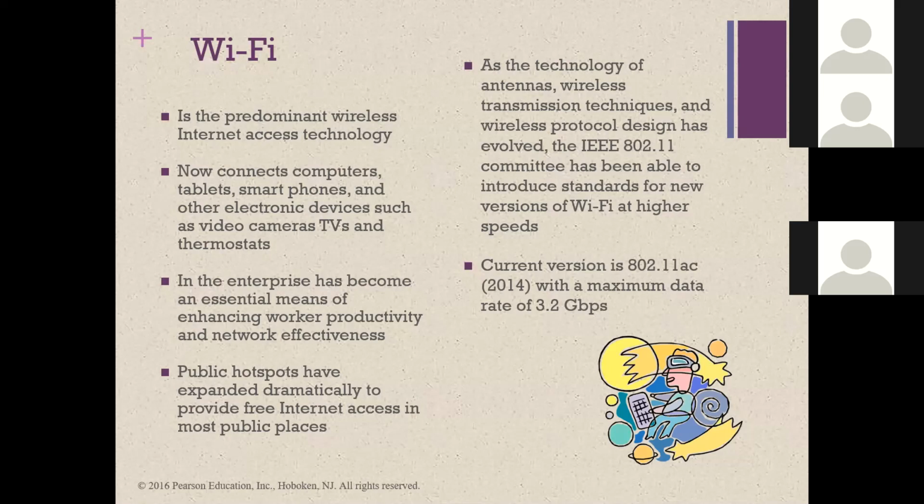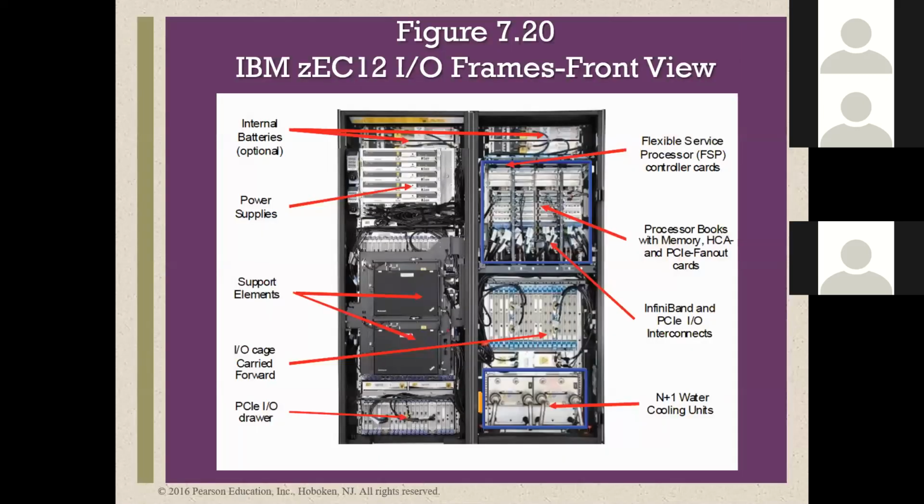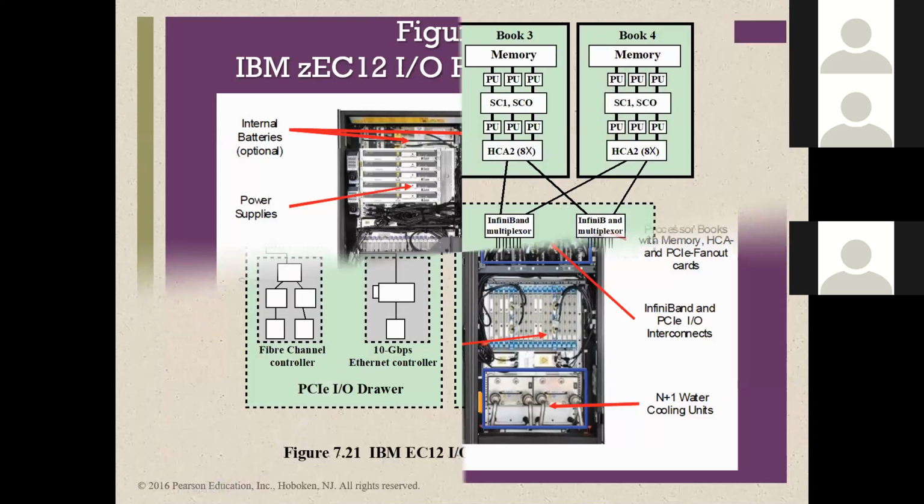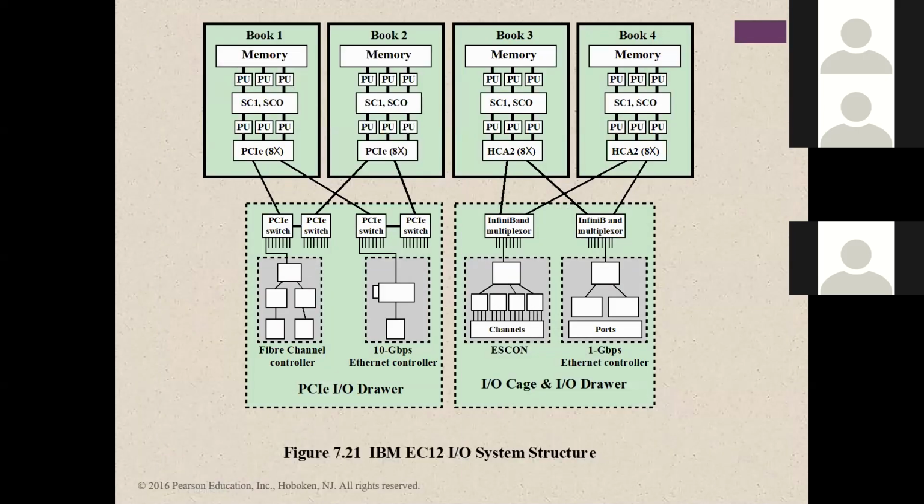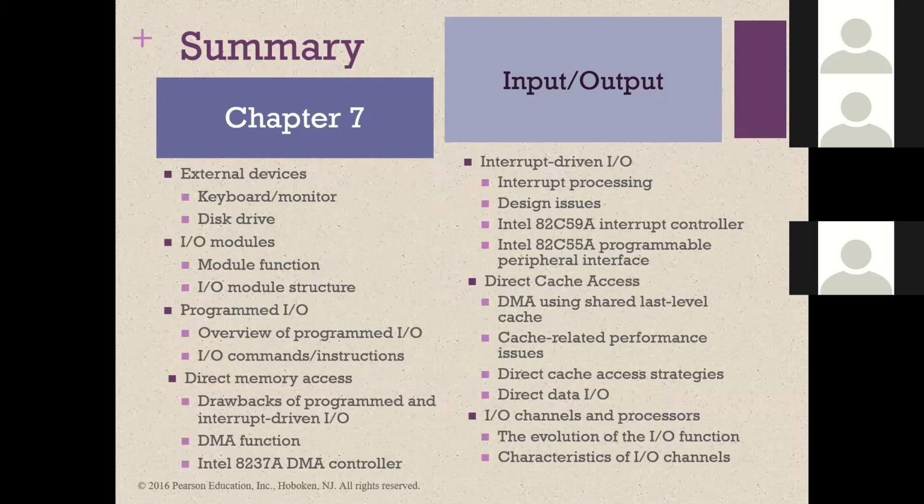We have 11A, we have B, N, G, AD, and so on and so forth. Okay. All right, so this is just a pictorial view of the IBM Z Enterprise EC12.